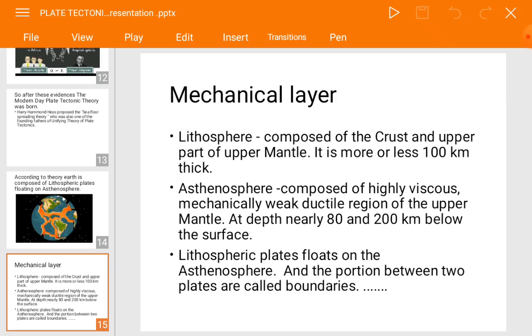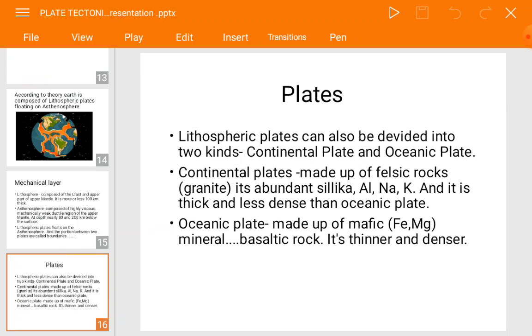Lithospheric plates float on the asthenosphere, and the portions between two plates are called boundaries. There are three kinds of boundaries: convergent, divergent, and transform plate boundaries.